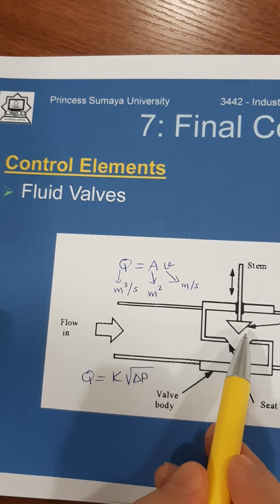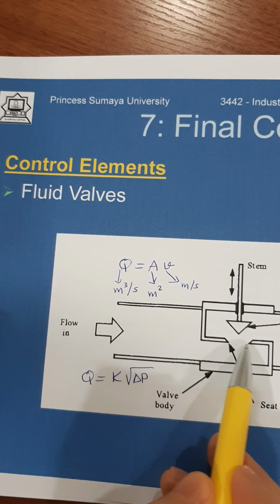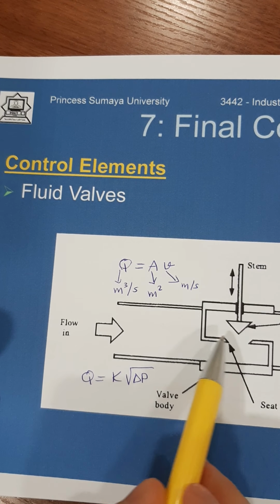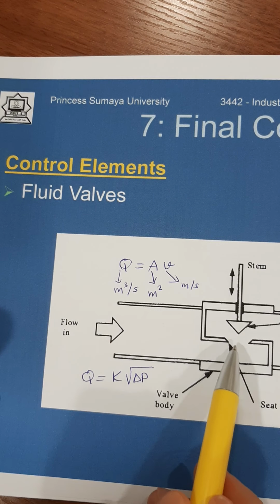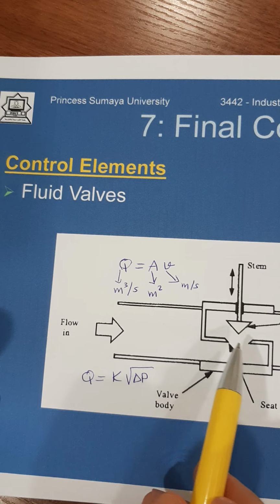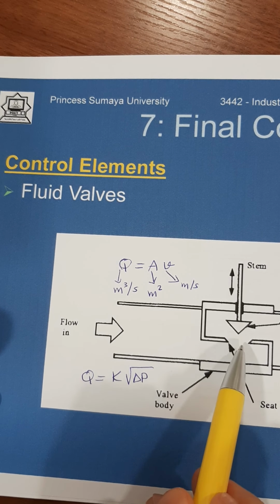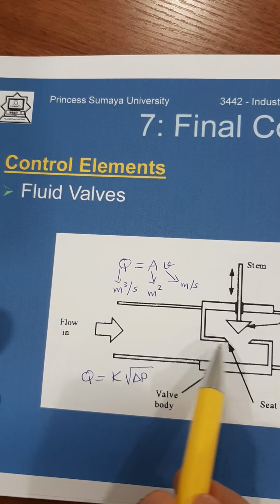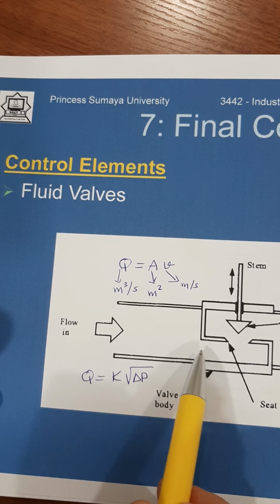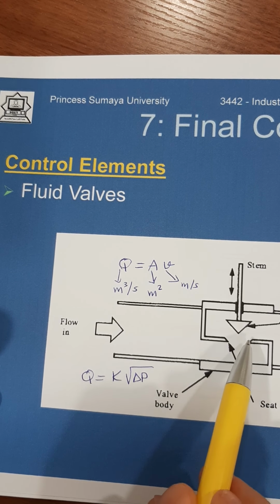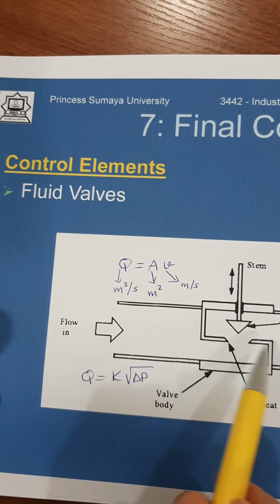Because inside the valve there is a restriction, and according to the Bernoulli equation, since we have a restriction like an orifice plate, for example, the flow in this case will be proportional to the square root of the differential pressure between the upstream and downstream.